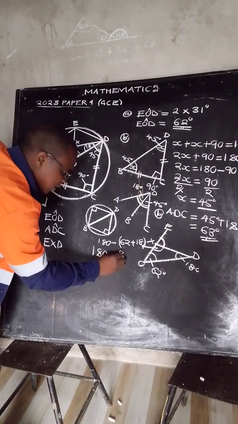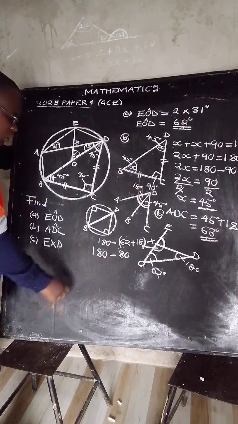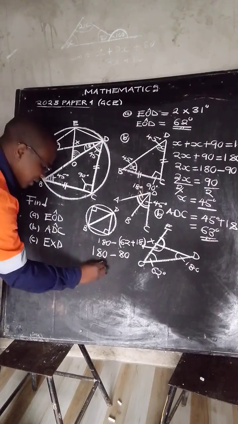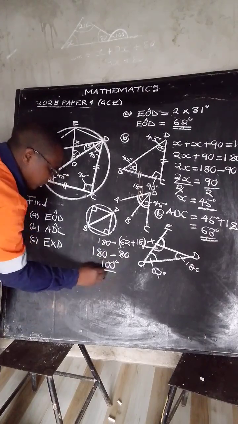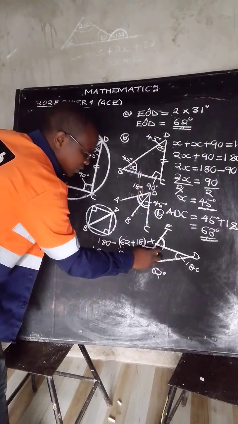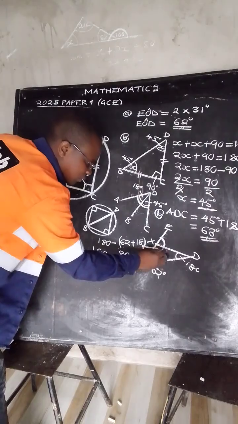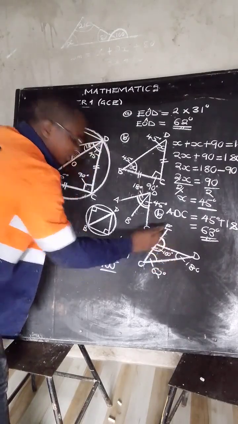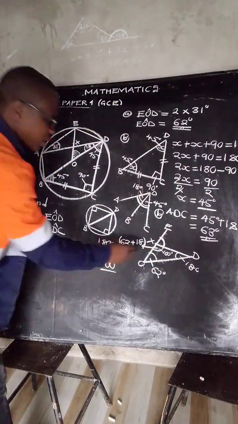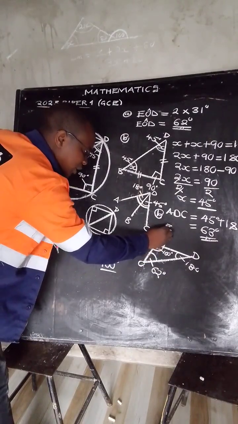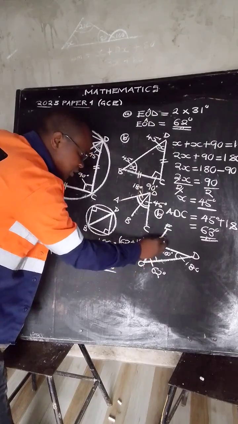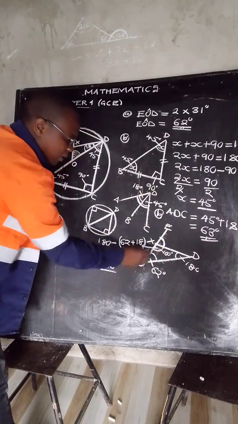You get 80. So 180 minus 80, you get 100. So this angle is 100. Now this angle we want, remember, which is EXD.